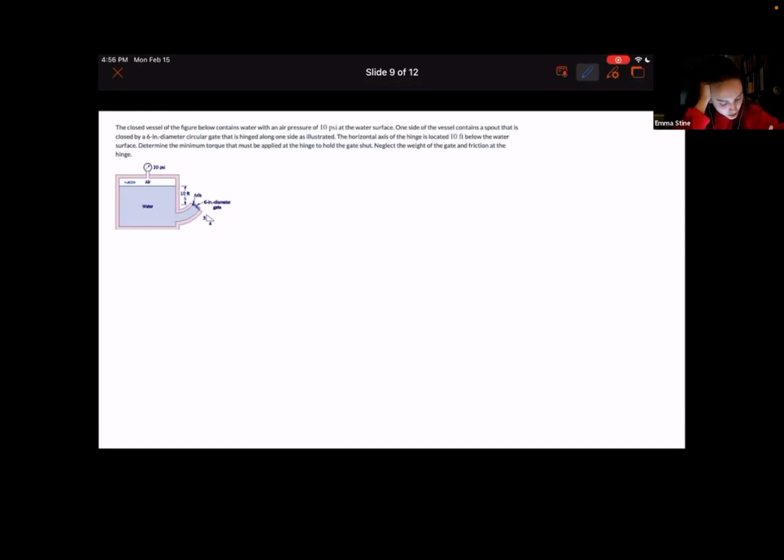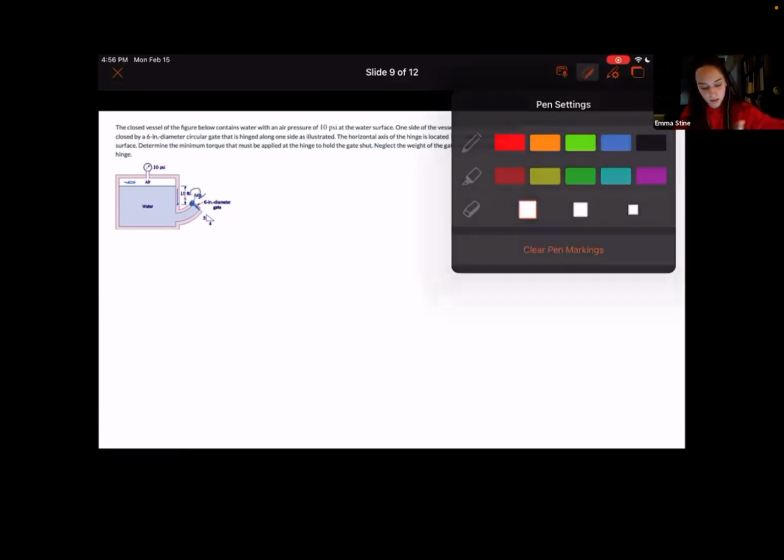It is hinged right here. The horizontal axis of the hinge is located 10 feet below the water surface. Determine the minimum torque that must be applied at the hinge to hold the gate shut. Neglect the weight of the gate and the friction at the hinge. If you remember, torque is basically like a moment.